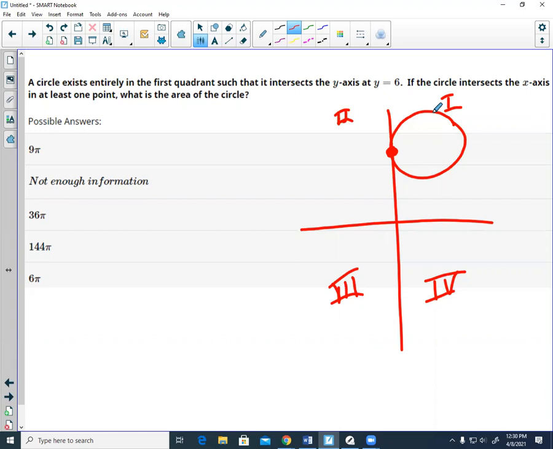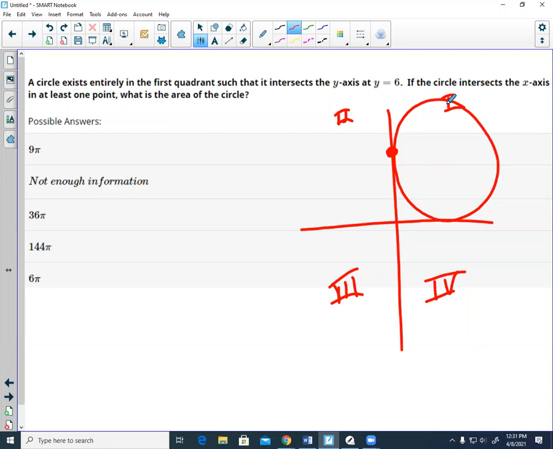Let's make it intersect twice. But now all of a sudden, if you make it intersect twice, it crosses into the 4th quadrant. 4th quadrant, still good, can't work, right? So now we have an issue. What we have to do is realize that this is going to intersect the x-axis only one time. And in order for it to intersect the x-axis only one time, it has to have the same radius, right?